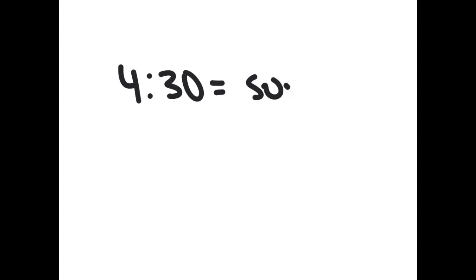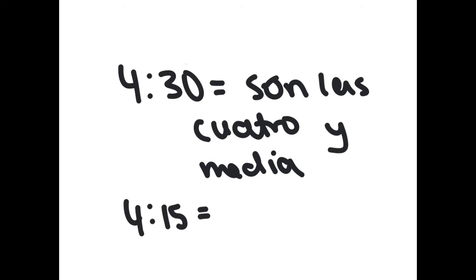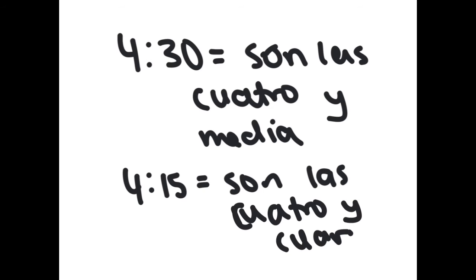So going back to our 4 o'clock example, if we're trying to say it's 4:30, that would be son las cuatro, indicating the hour, and then y media, because that's how you say 4:30. And then if it was 4:15, it would still be son las cuatro, but then it would be y cuarto.